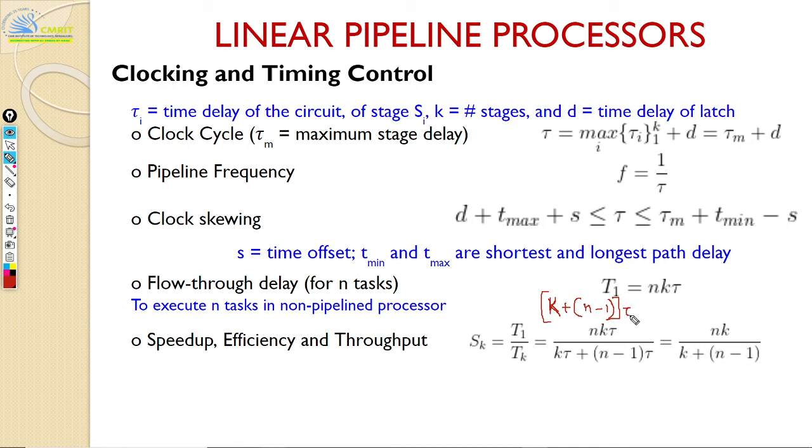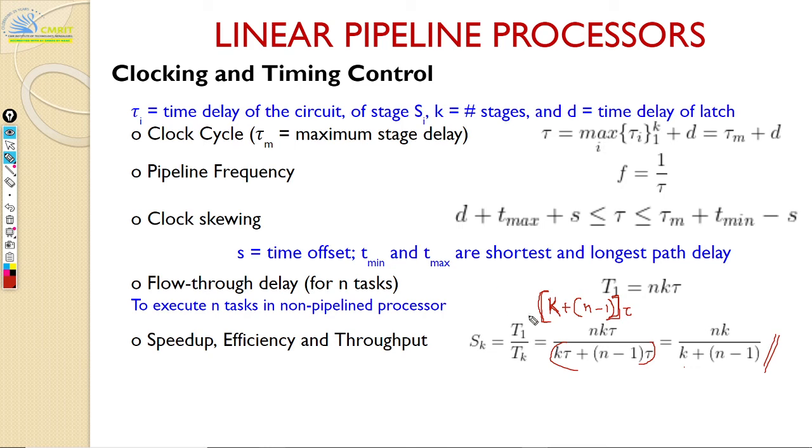One clock cycle is equal to tau time. So if I do this multiplication, I will get this as my time for the pipeline processor processing n instructions. If you simplify, you get n k by k plus n minus 1. So this is your speed up.